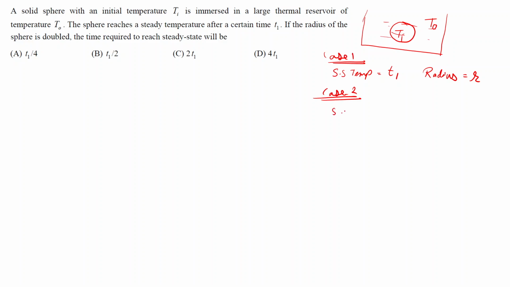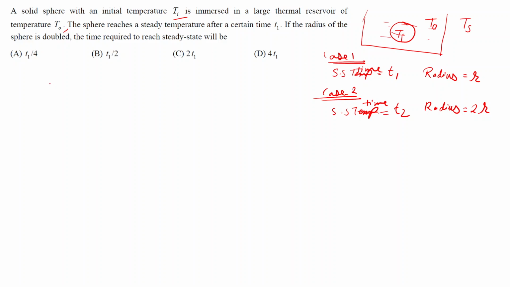In case 2, let's consider steady state time as T2, and the radius will become 2R. In each of these cases, this initial temperature Ti is the same. The temperature of the large thermal reservoir T0 will be the same, and the steady state temperature Ts will also be the same in both the cases.